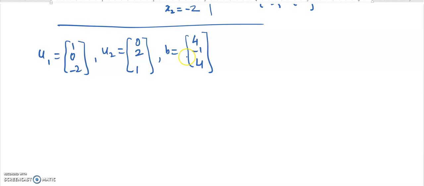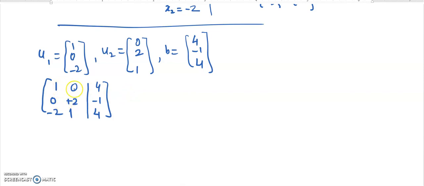So whether B is in the span or not. So we can write it in the augmented matrix form: 1 0 minus 2, 0 2 1, and then the augmented column will be 4 minus 1 and then 4.